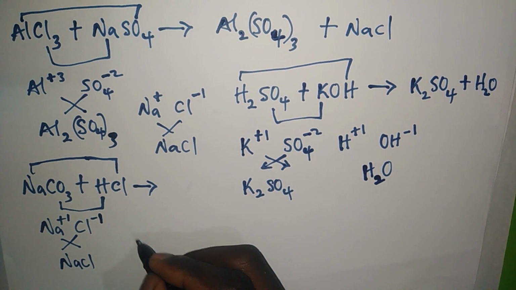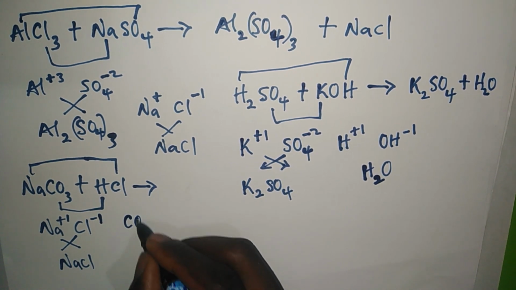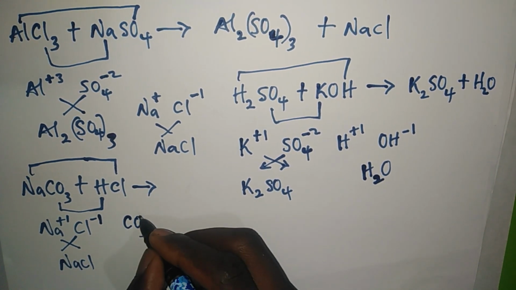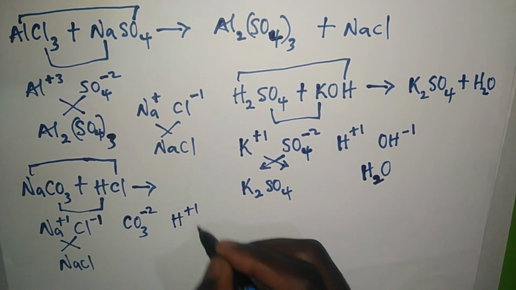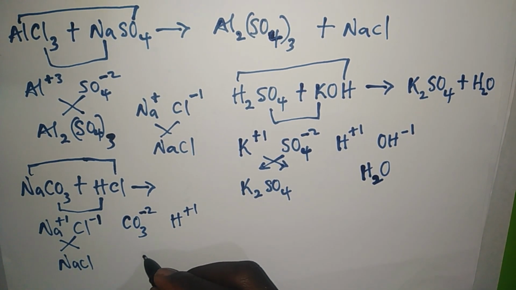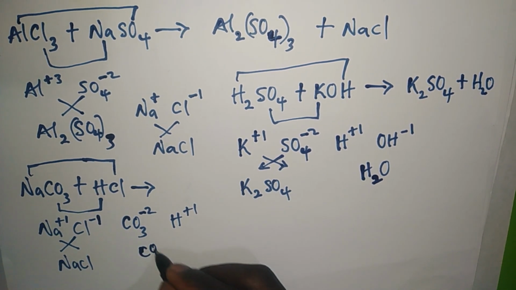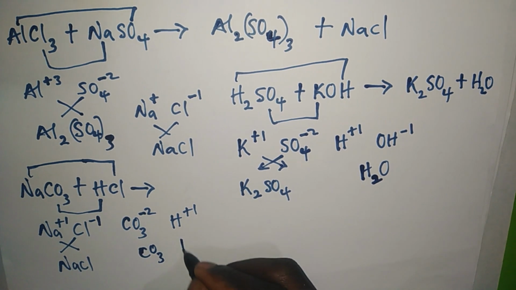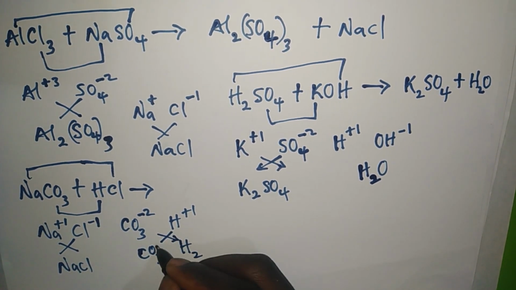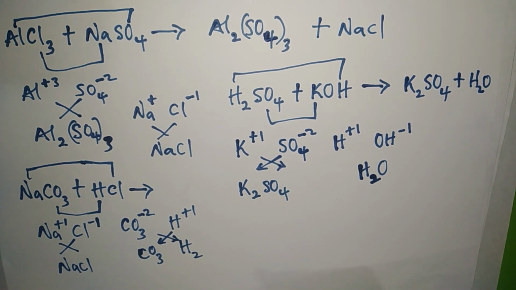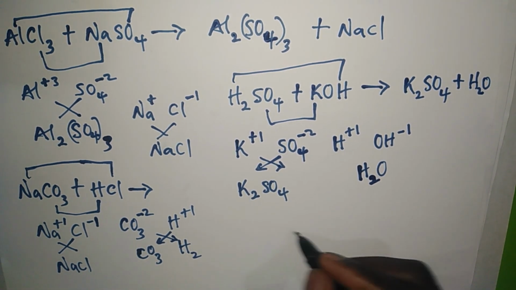Then carbonate has a -2, hydrogen has a +1. Therefore we have what? Carbonate and then we have hydrogen because you are crossing them, right? Therefore, let me rewrite it here.